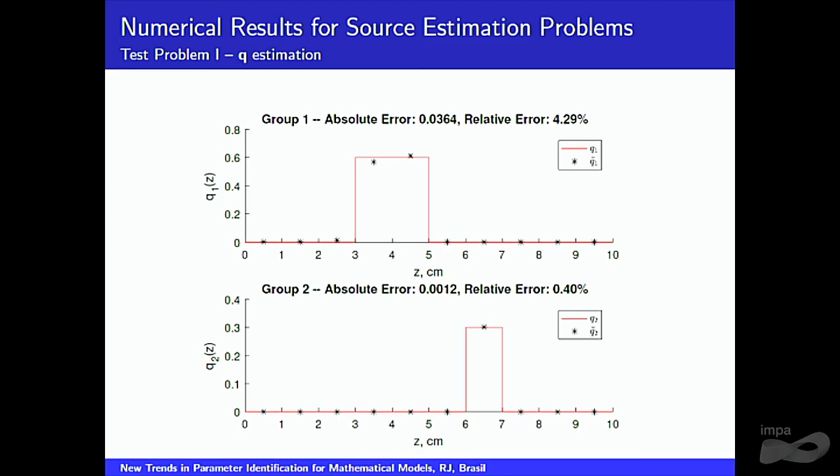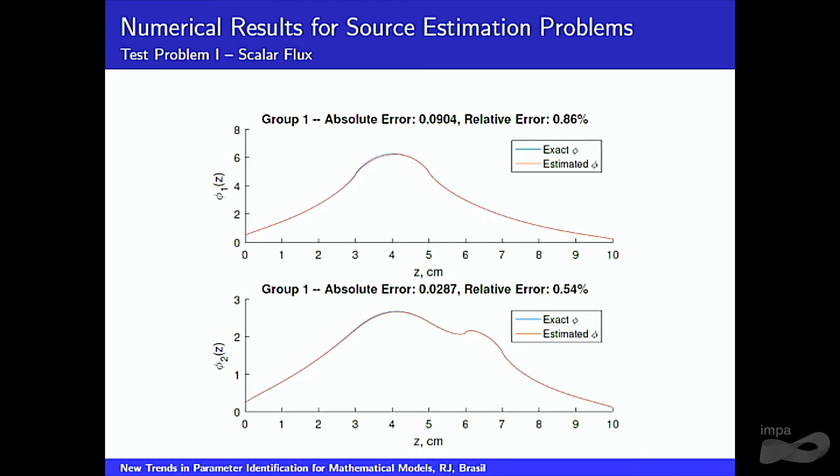That's what we got in terms of the source. The example I'm showing here is just a localized source. Here we put some results about the absolute error in the exact and reconstructed source, and also the relative error. And that's the flux, the reconstruction of the flux in both cases.